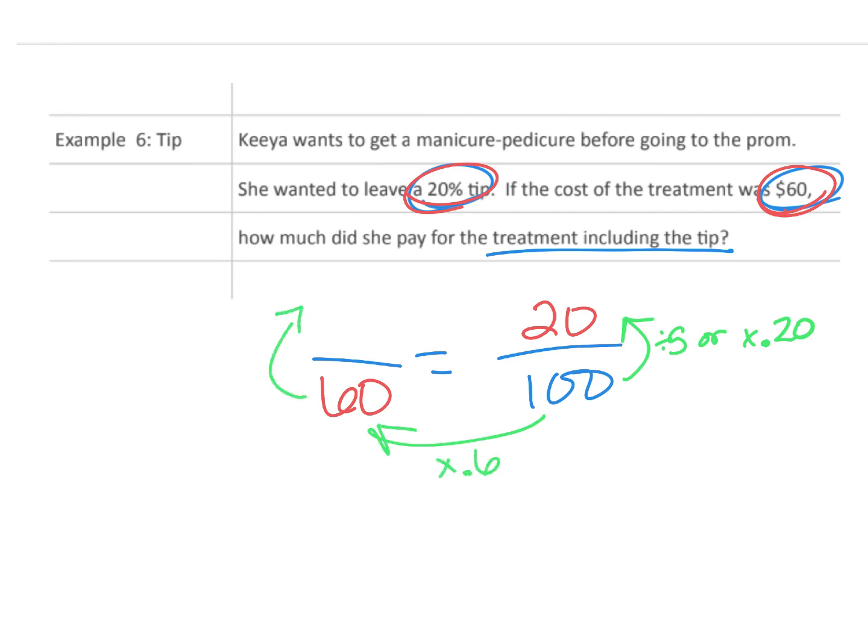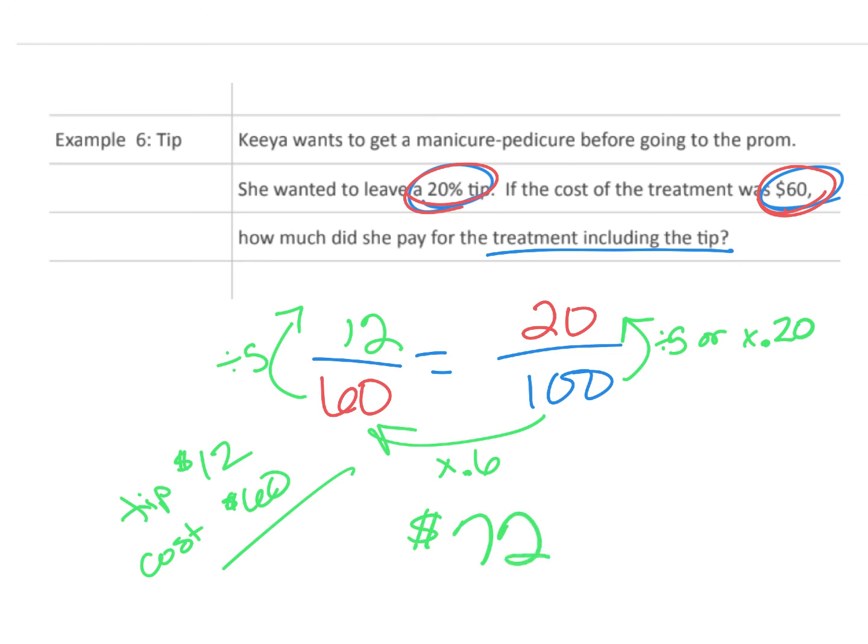So 60 divided by 5, I believe, gives me 12. So the tip she's going to leave is $12. Remember, the cost of the treatment was 60, so we add them together. She would pay a total of $72 because that's the treatment, including the tip.